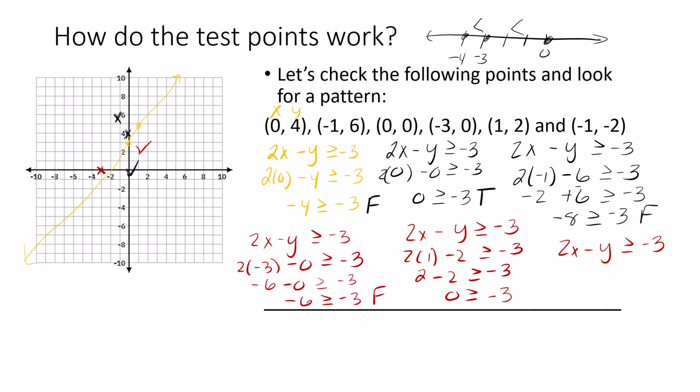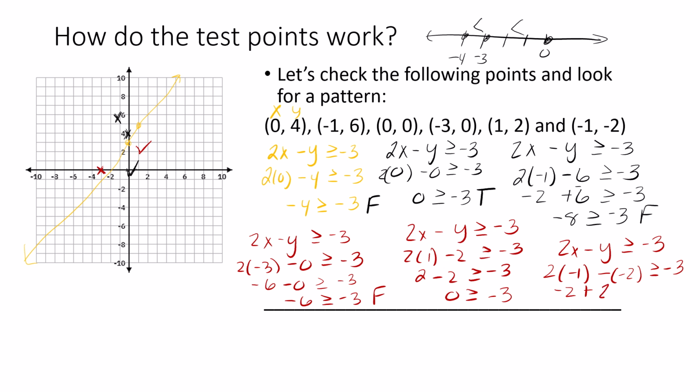And last but not least, we have 2x minus y is greater than or equal to -3. Plugging that in, we've got 2 times -1 minus -2. Now be careful here. You've got a minus in the inequality and then a minus on the number. 2 times -1 is -2. Minus a negative would be adding, so adding a 2.